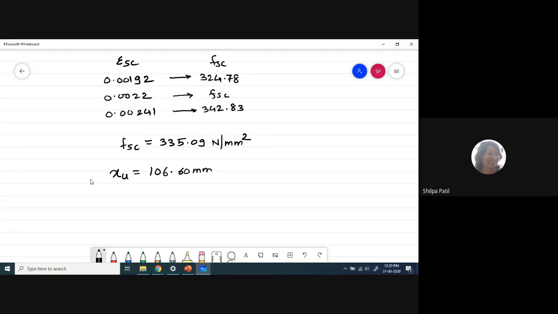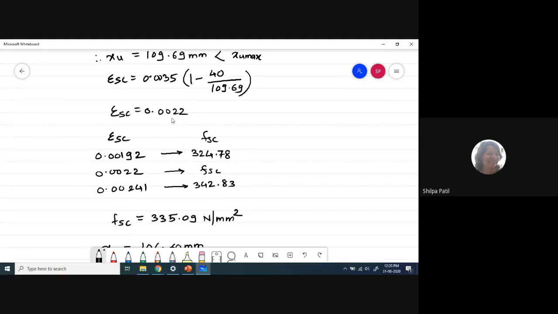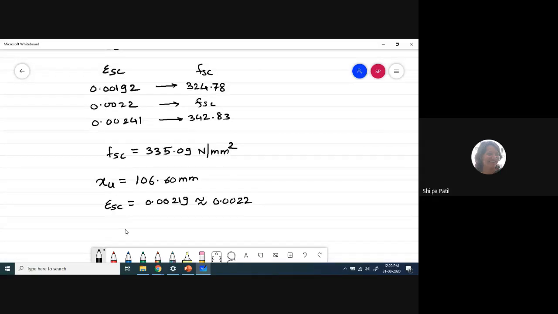Guys, you can solve the further steps of the problem as homework. As the time is limited, I am writing the answers directly here. So for this XU, again we have to calculate epsilon SC, which is coming out as 0.00219. So I can take this value as 0.0022. If you compare this value of epsilon SC, it is the same one, 0.0022, for which we have already calculated FSC as 335.09.